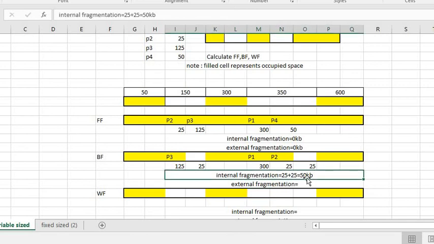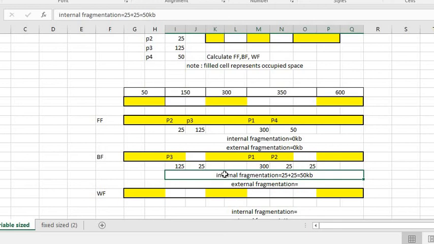Say suppose next time there is a request from any other process who needs lesser or equal to 25 kilobytes of memory space. Otherwise these holes will be left out as they are, which is getting wasted. You could just make use of these holes to fit a process with a size of lesser or equal to 25 kilobytes.